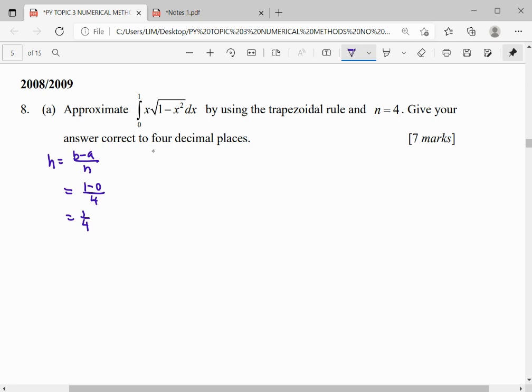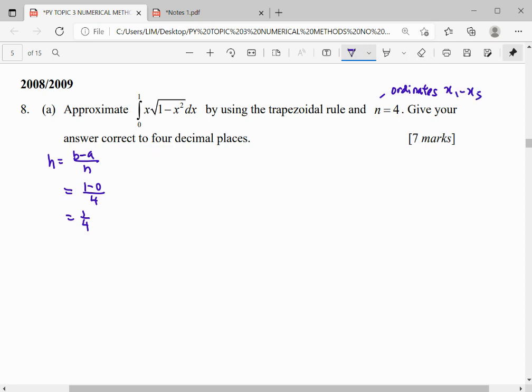So when you have n equals 4, it means our ordinates x will be x1 until x5.